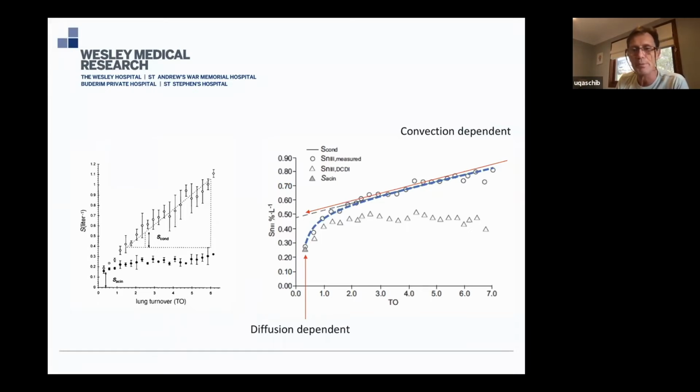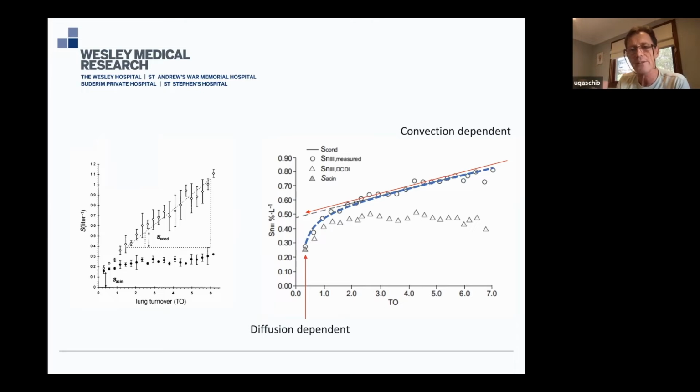COPD type land in principle. That's just again a repeat of what I said before. This is as well, again, if you look at the triangles, that's before, and the circles are the so-called sick lung.